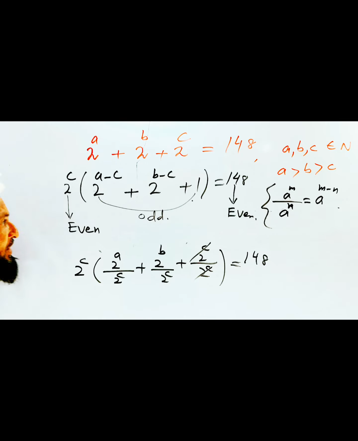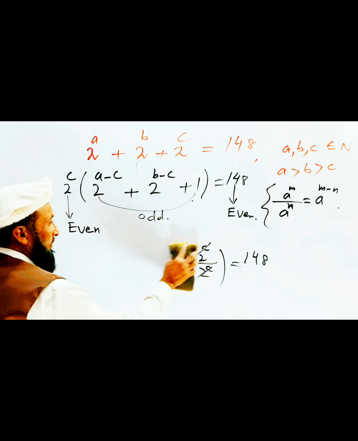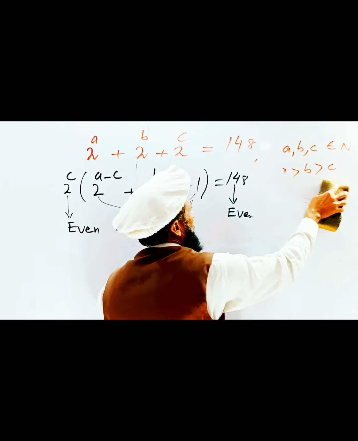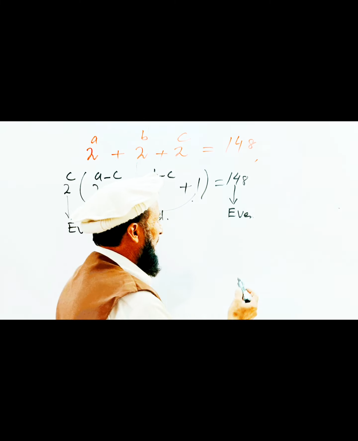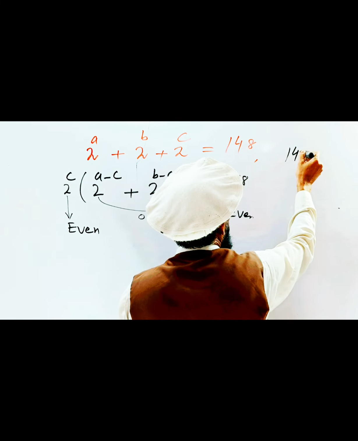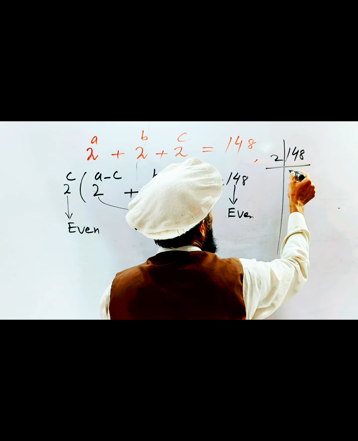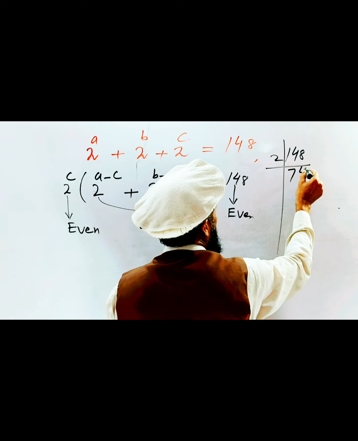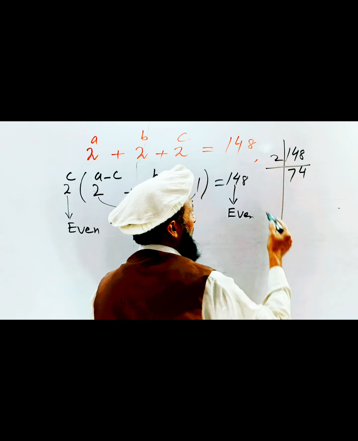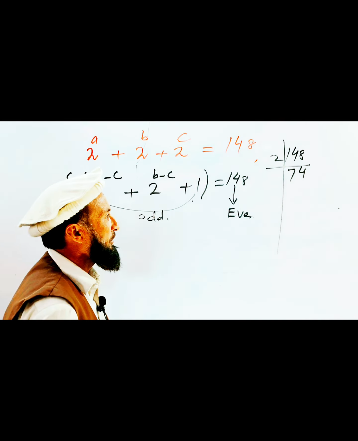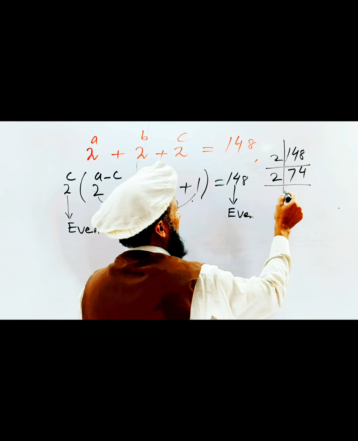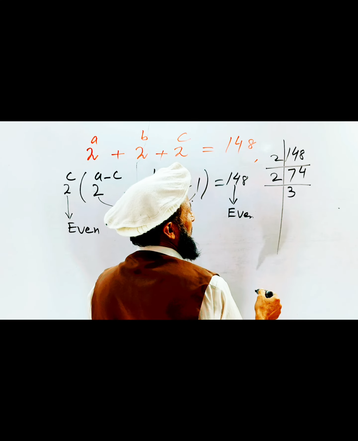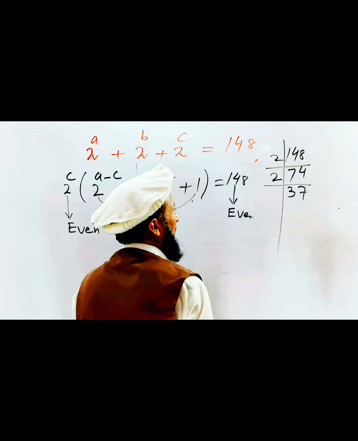We need to factorize 148. 2 multiplied by 74, and 74 is also an even number, so 2 multiplied by 2 multiplied by 37.